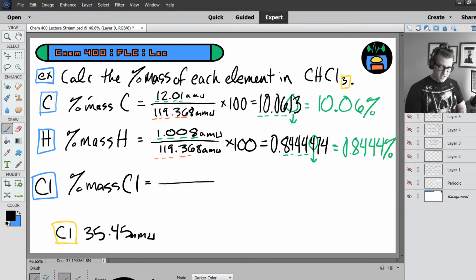So it's not just 35.45 AMU, it's 35.45 plus 35.45 plus 35.45. You have to add all of these together. So our numerator here is going to be 106.35 AMU.